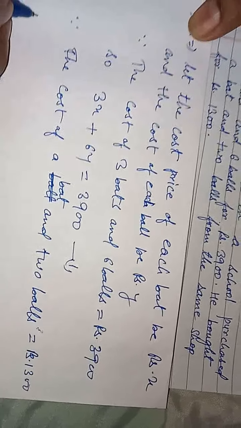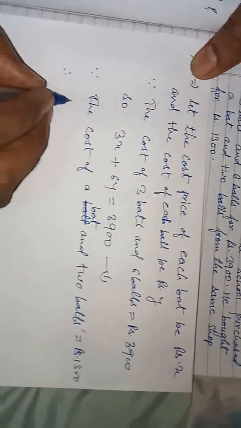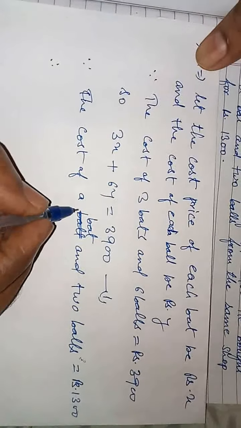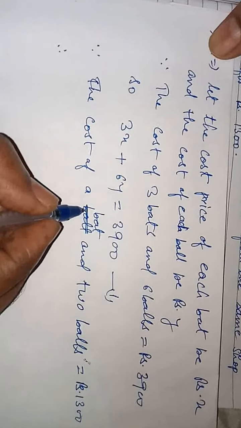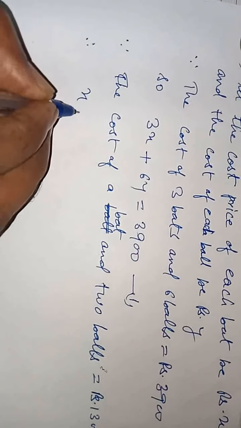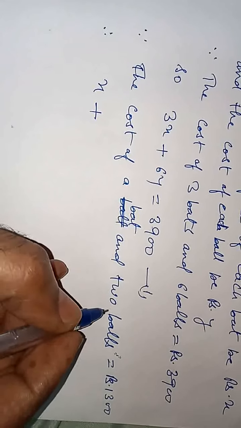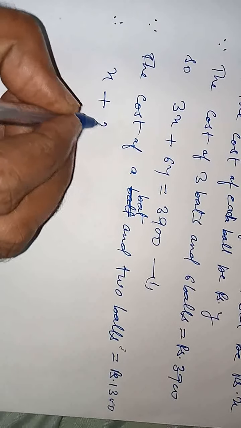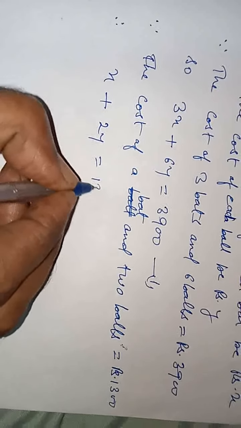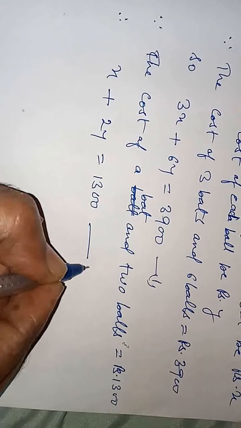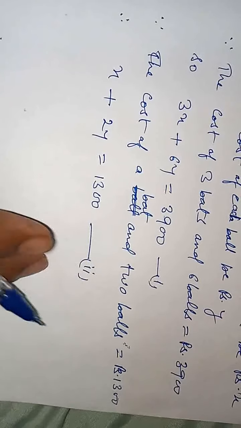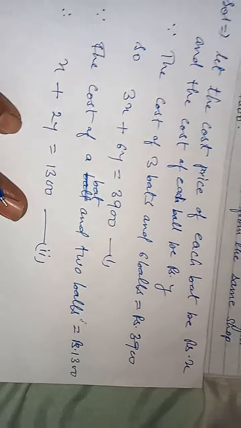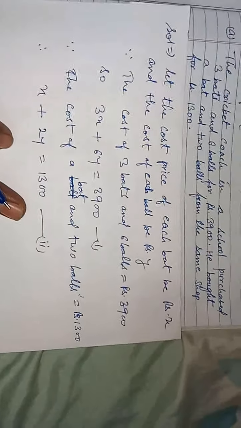So since the number of bat is 1, that's why we write only x, and the number of balls are 2, that's why we write 2y is equal to 1300. This is equation second. So your equations are formed according to the statement.